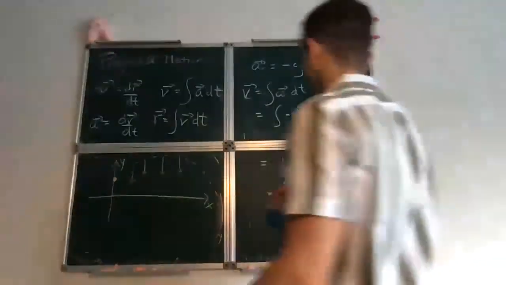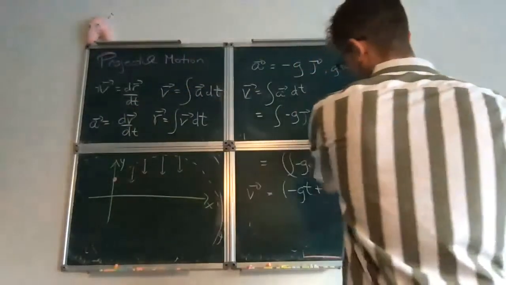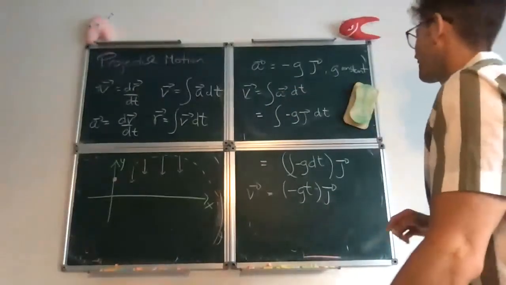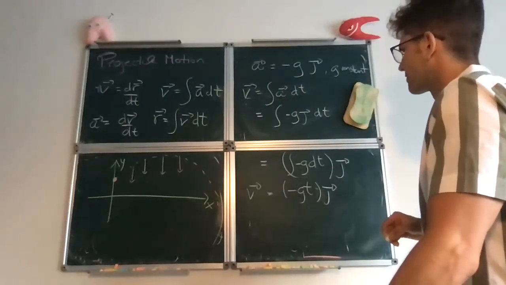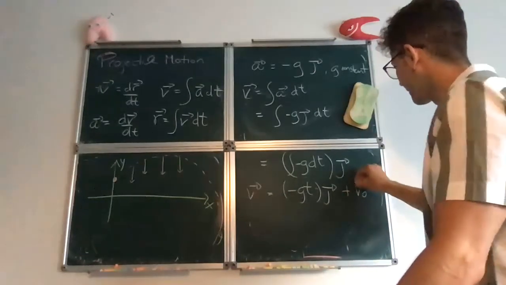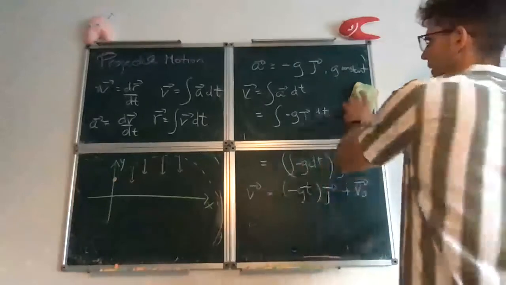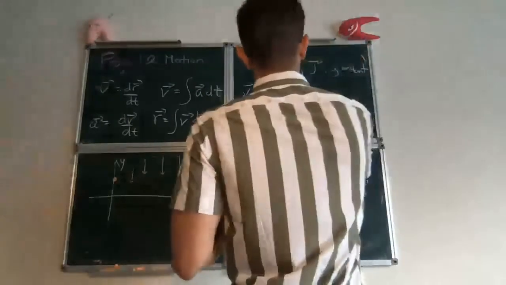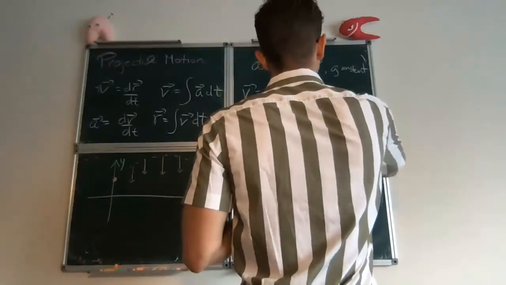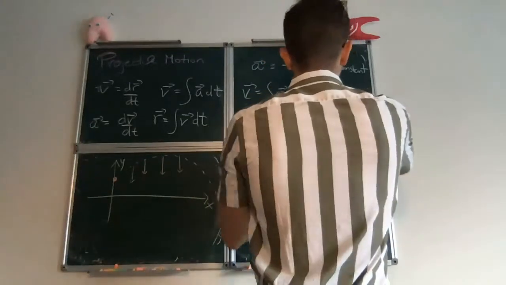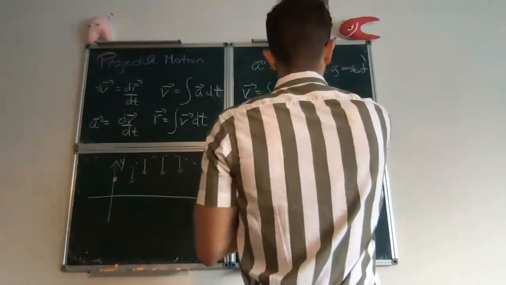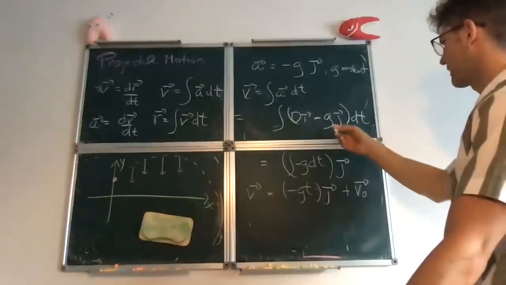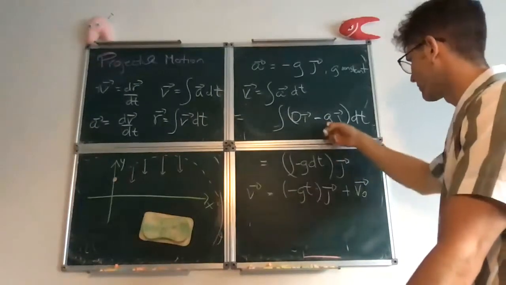But then there's a constant of integration, and okay, so this is where you do need to be a bit more careful, because really what you're integrating is 0i plus minus gj dt. So really, when you integrate this second term, you get minus gt, which is what I put here.